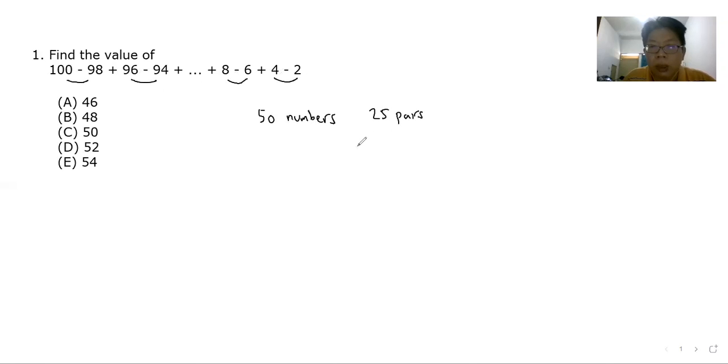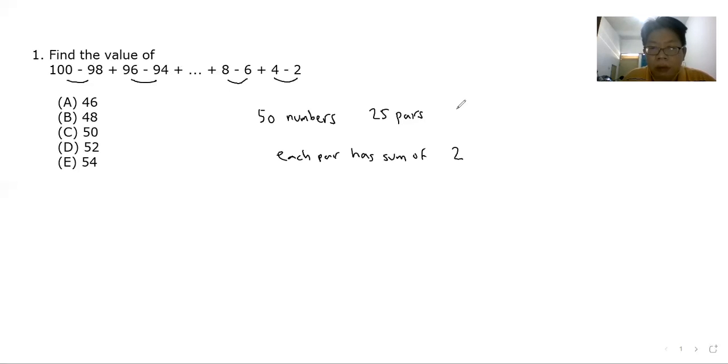We can find the sum of each pair. 100 minus 98 is 2. 96 minus 94 is also 2. We can conclude that each pair has the value of 2.